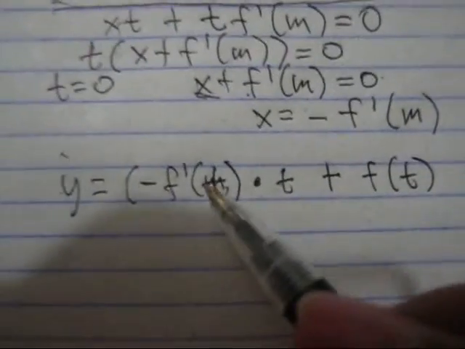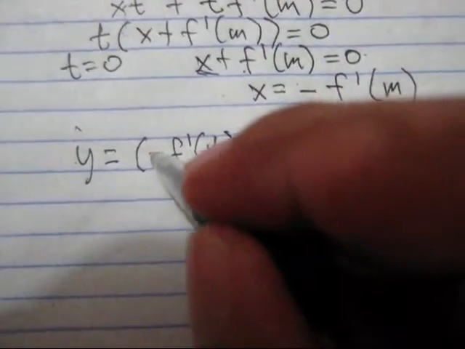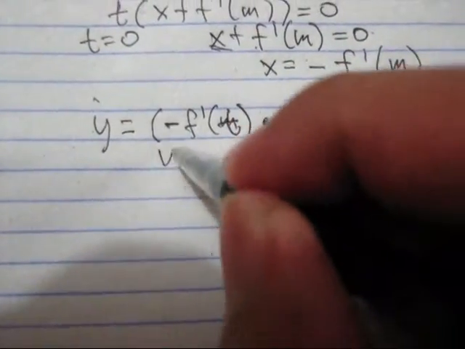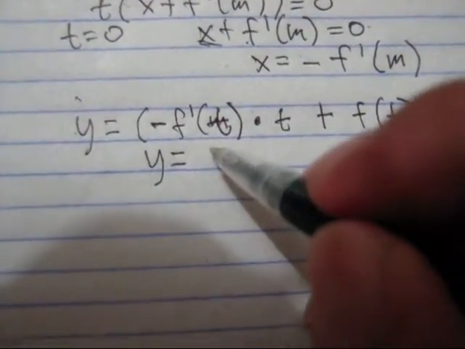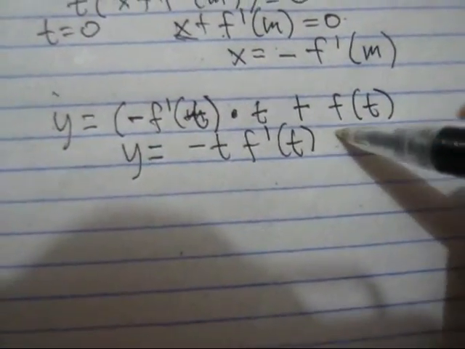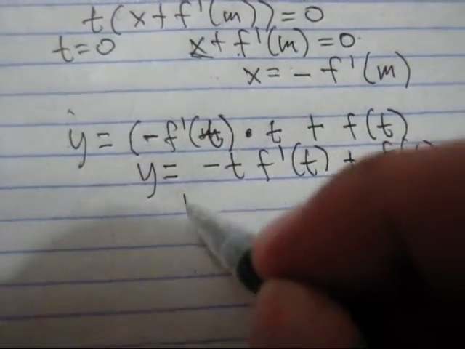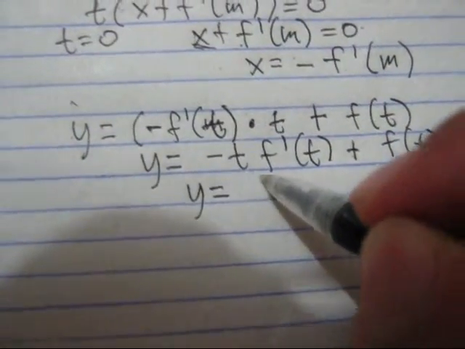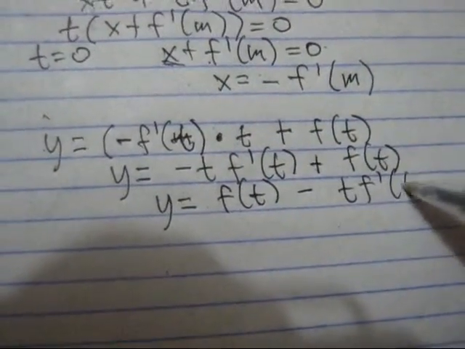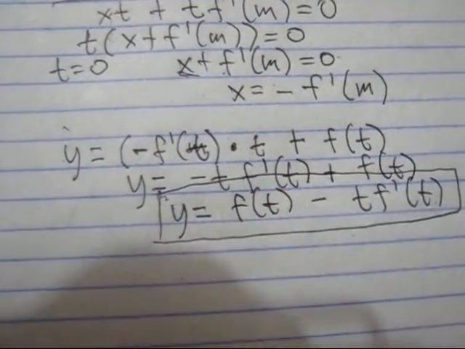We only use the t variable so that we have the same variable as the one needed in the problem. So the answer is y = -tf'(t) + f(t), or if you want to rearrange it, y = f(t) - tf'(t). So this is the one you are getting.